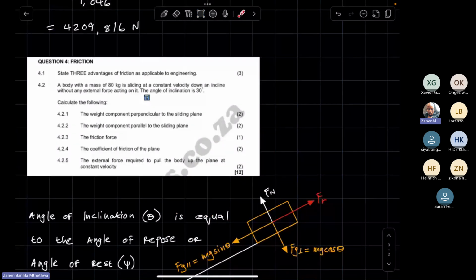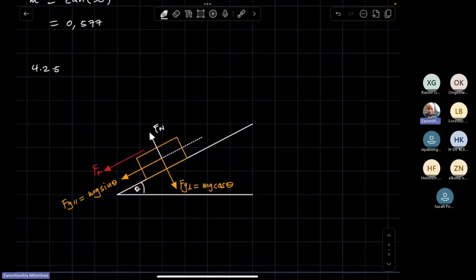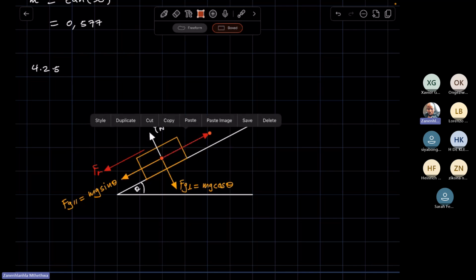As they said, the external force required to pull the body up the incline at constant velocity. So remember, this is a pulling force. And because it's a pulling force, it means it will be in that direction.